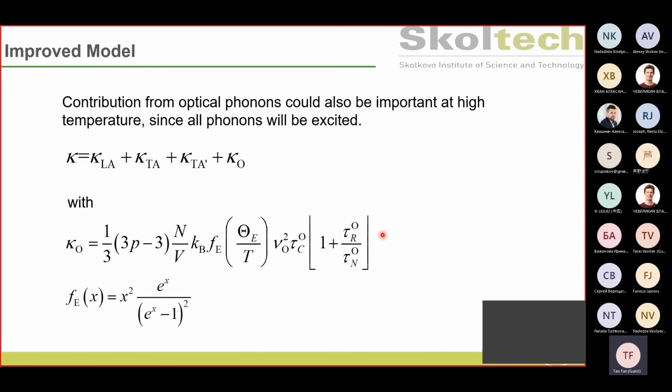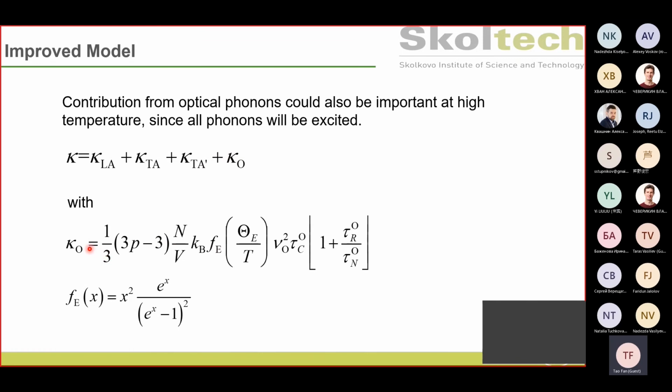Furthermore, I updated the formula by including the contribution from optic phonons, because at temperatures above the Debye temperature of compounds, all phonons will contribute to the lattice thermal conductivity. So this is the updated formula.